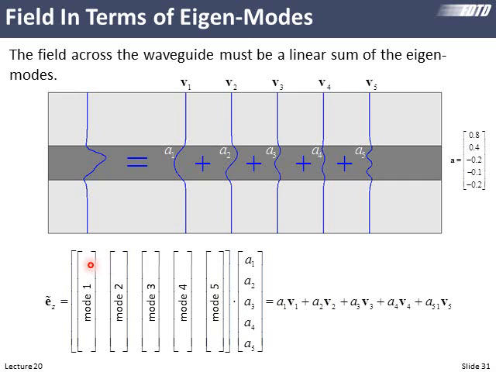But for simplicity here, let's just pretend they are in order, mode 1, 2, 3, 4, 5. Then they have their amplitude terms in a column vector. So if we multiply this big eigenvector matrix by this, here's what we get. We get that amplitude term times the first column in the eigenvector matrix, the second amplitude term times the second column, and so on.